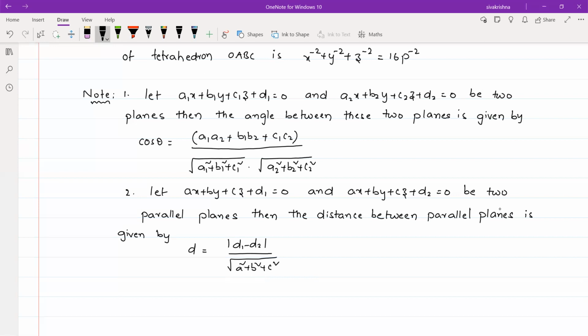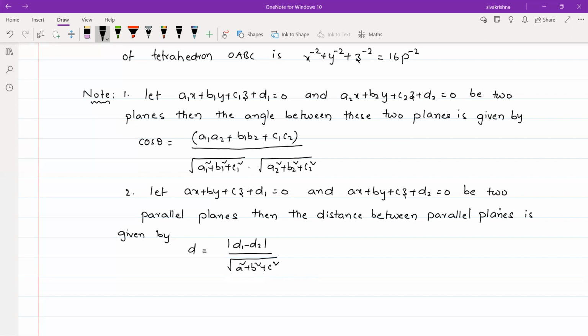The constant may vary, but whenever the coefficients of x, y and z are equal in two plane equations, we say that those two planes are parallel planes.